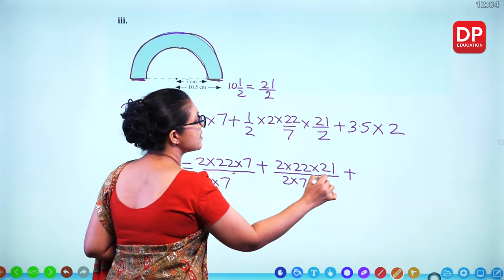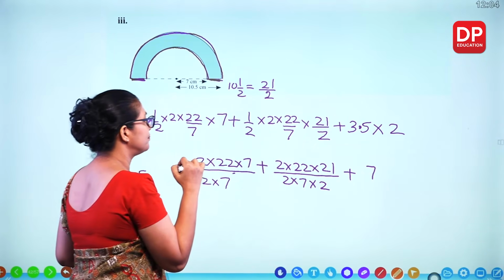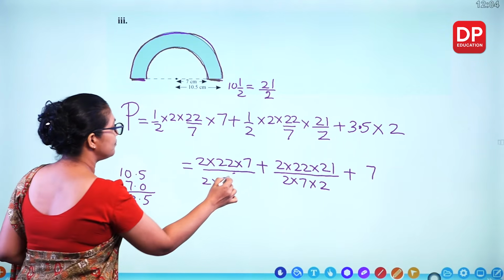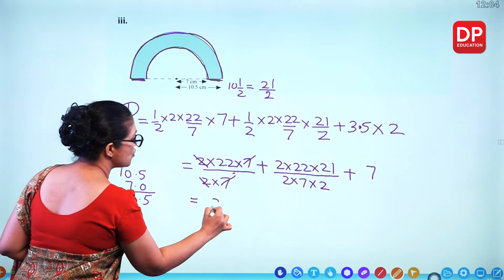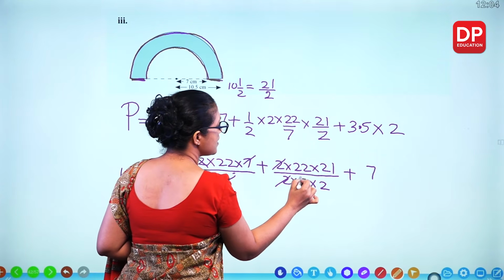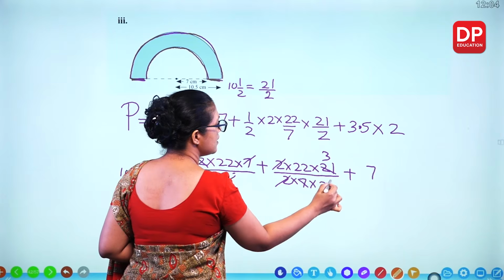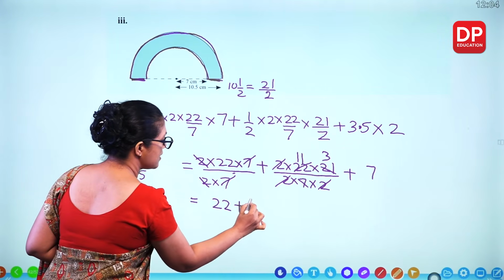And 3.5 times 2, you get 7. 7 gets cancelled out, 2 gets cancelled out, you get 22 here. This one, 2 gets cancelled out, and 7 times 3 and 2 times 11. 11 times 3, 33.